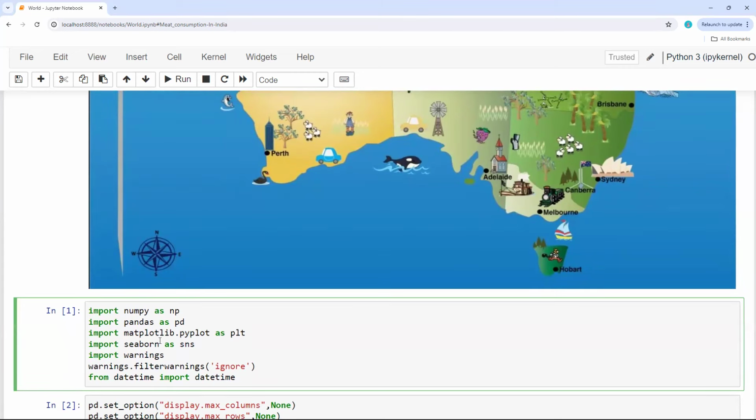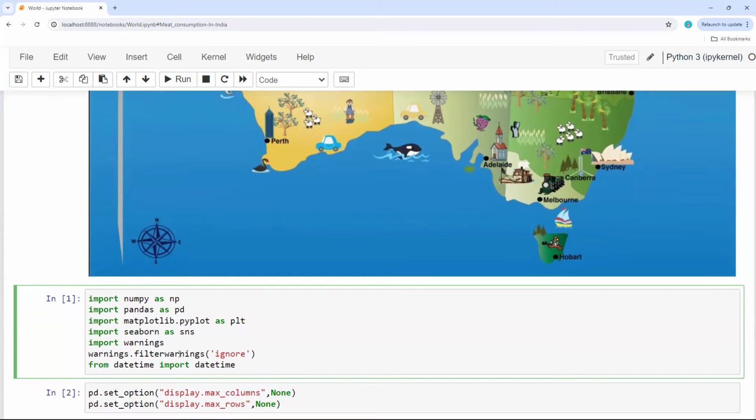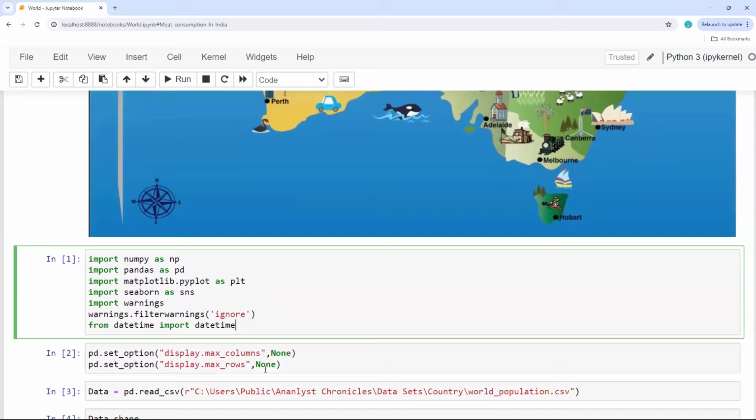I don't want to see any warnings later in the session, so I have imported warnings and ignored them. And I'm importing datetime, if I want to work on date or time related data.